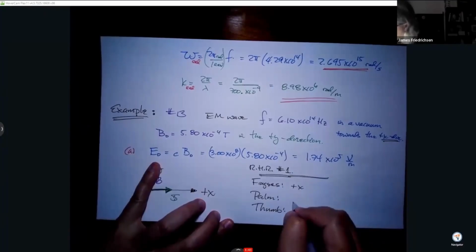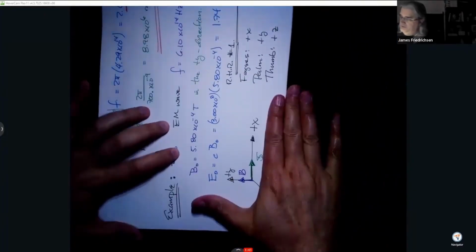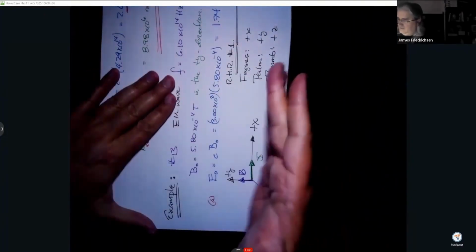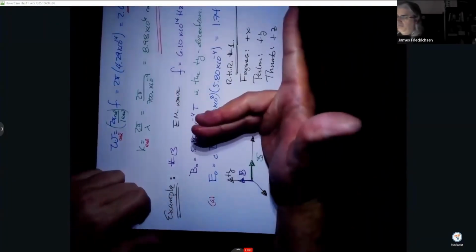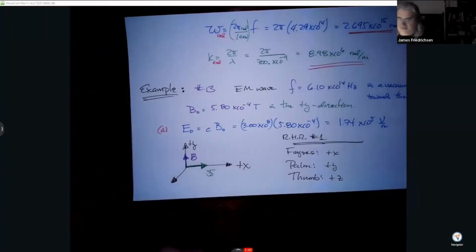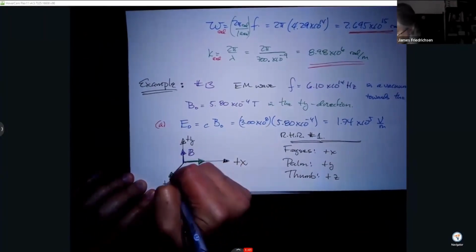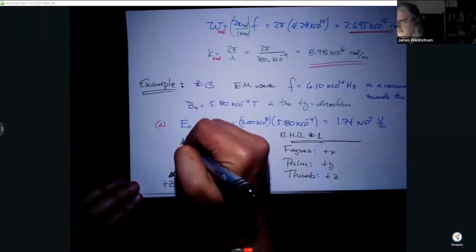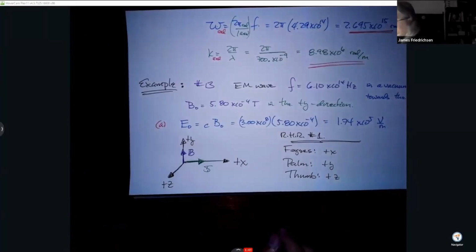So this is plus X, this is plus Y, plus Z. So we're going to put our fingers in the X, rotate my hand until the Y points out of the palm, thumb points in the positive Z direction. So X, Y, Z. So this out of the page slanty one, this is the plus Z direction, like so. Okay. And now we need to go in and figure out which way the electric field goes.